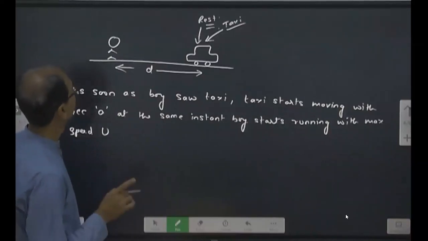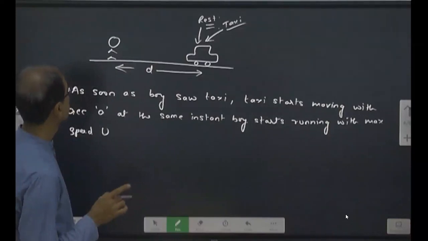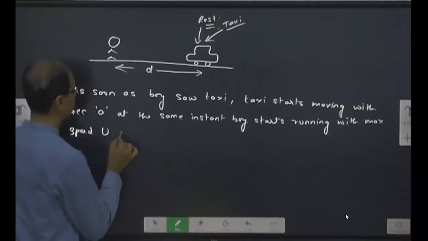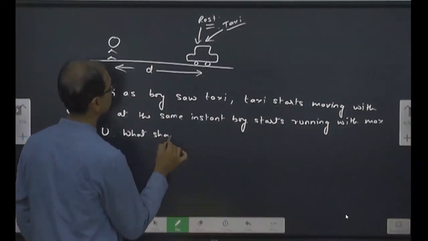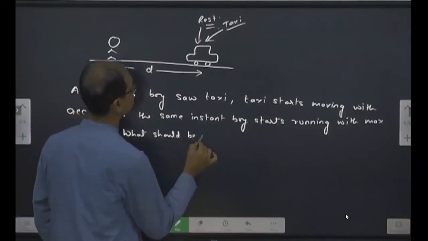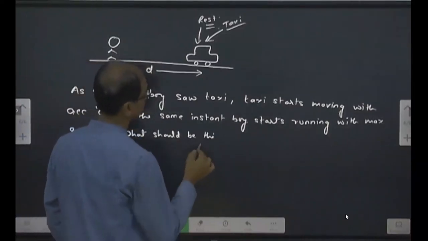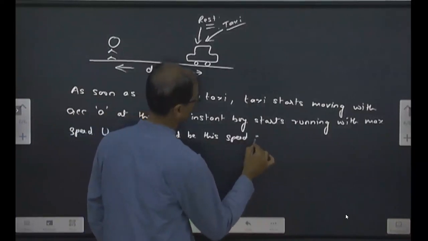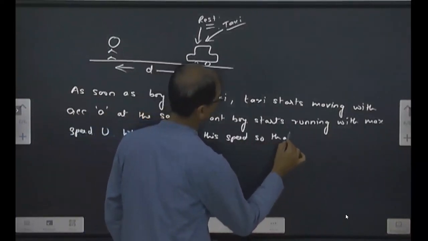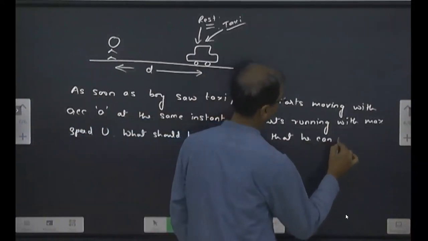Okay, fine. What should be this speed so that he can catch the taxi?